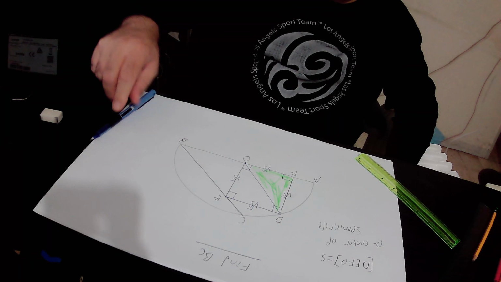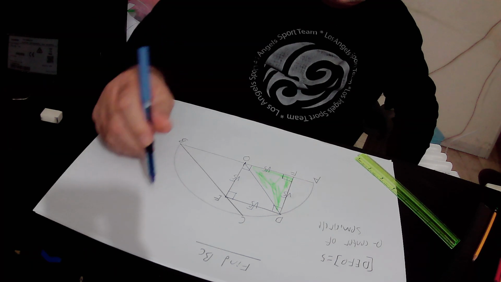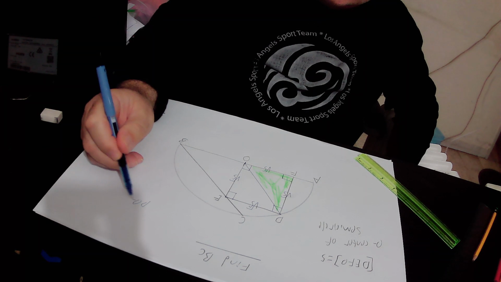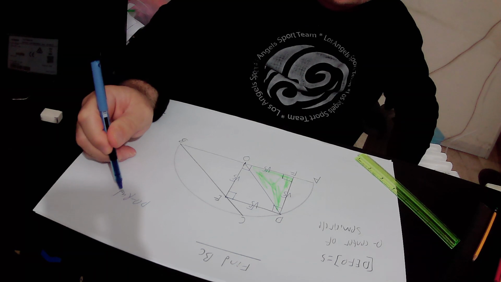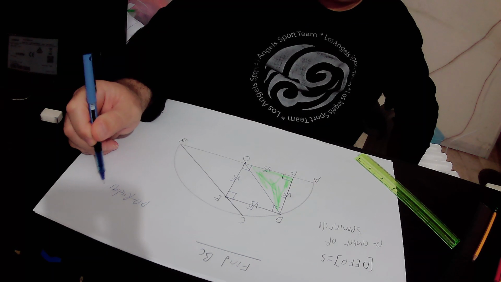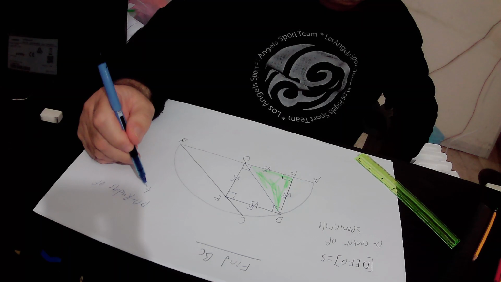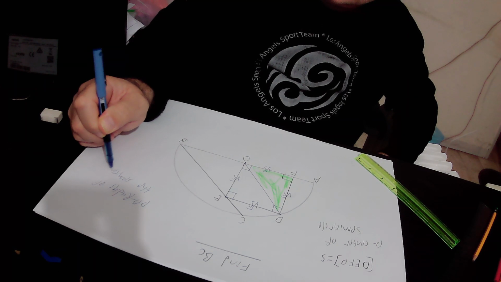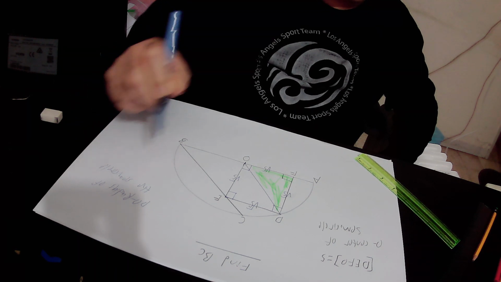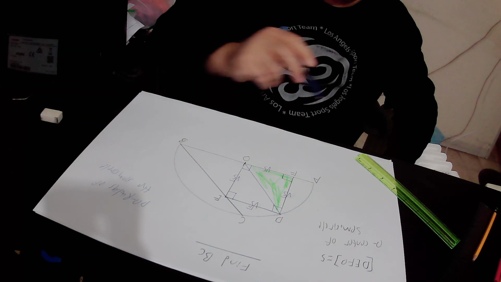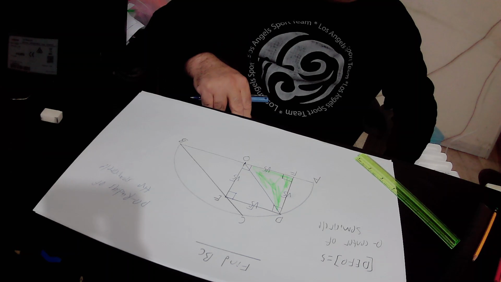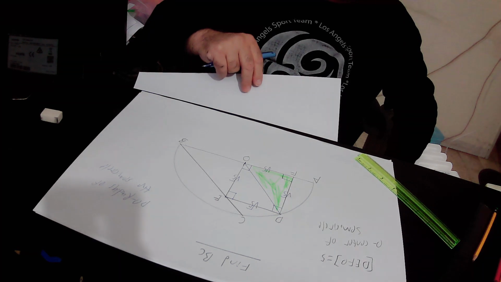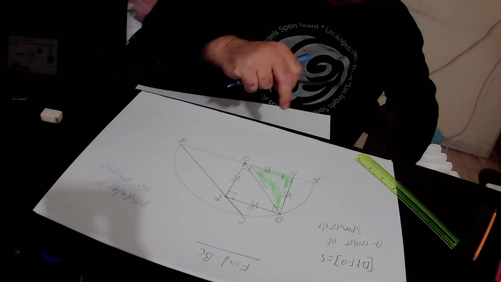Therefore, DO is the radius of the semicircle, and it is also the hypotenuse of the green right triangle DFO. So we will implement the Pythagoras theorem on the right green triangle DFO.